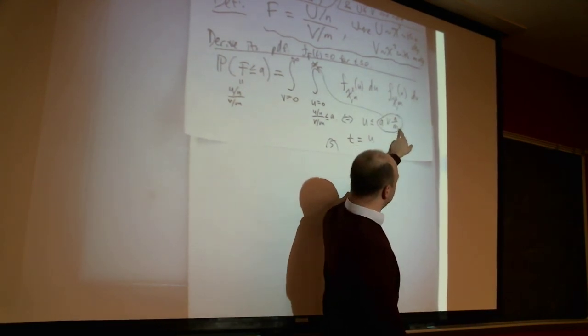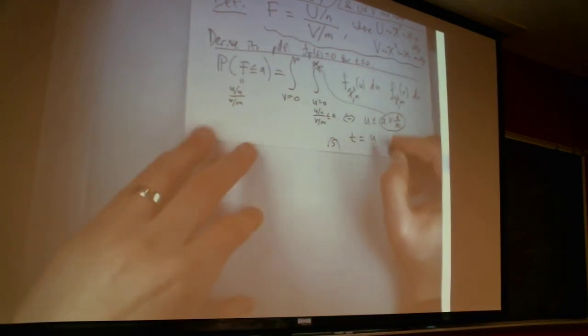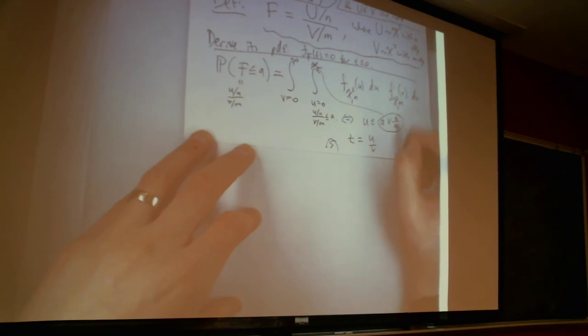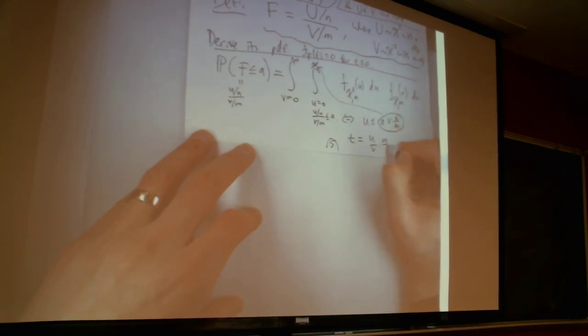Yes, we divide by the stuff that we don't want. u divided by v, and the denominator has an n over m, so let me multiply that by m over n.